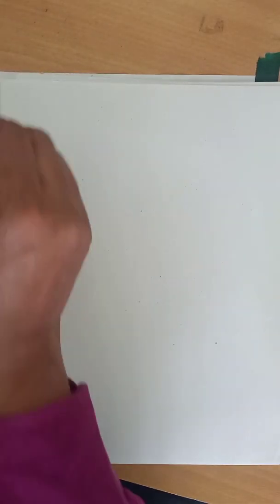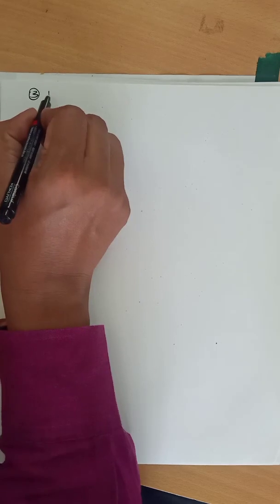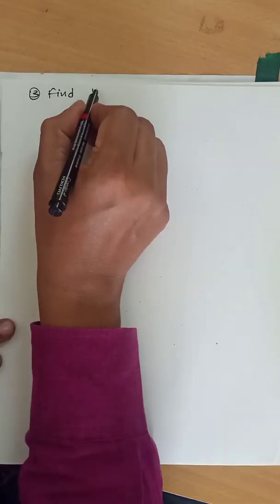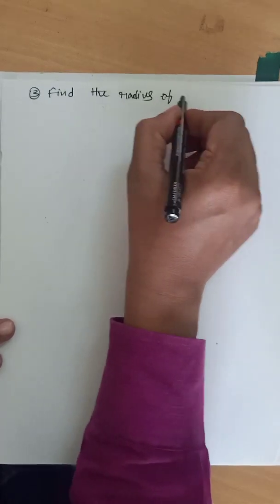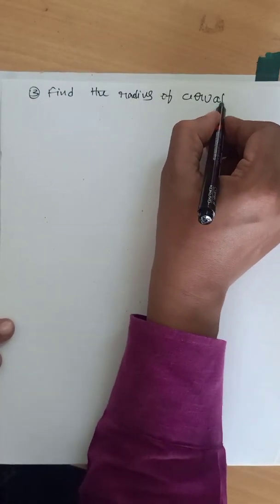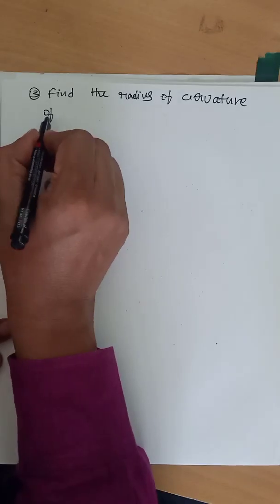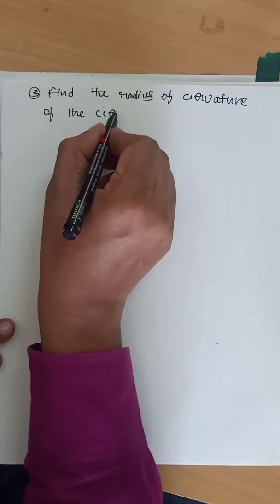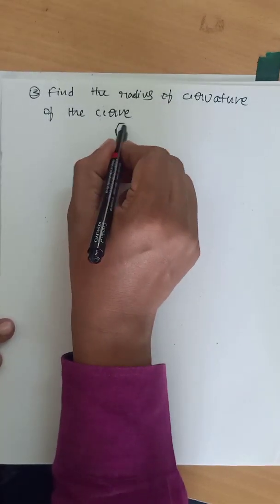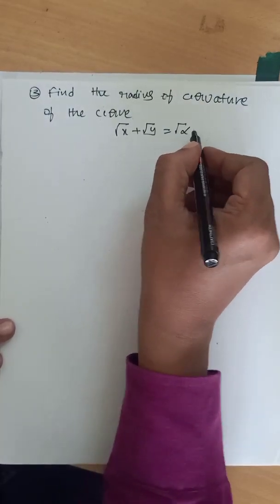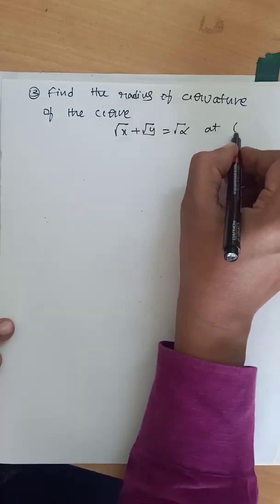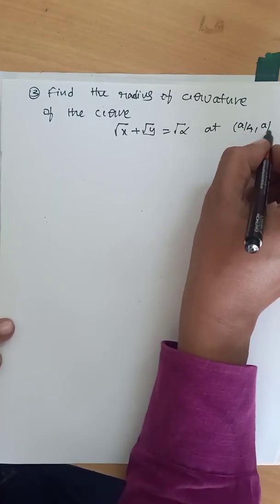Next problem, find the radius of curvature of the curve root x plus root y is equal to root a at a by 4 comma a by 4.